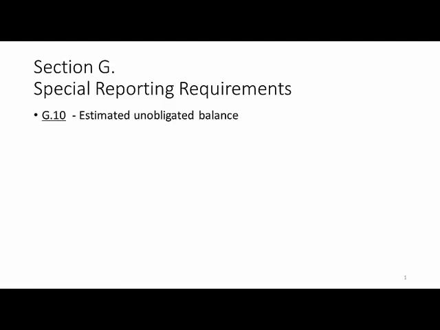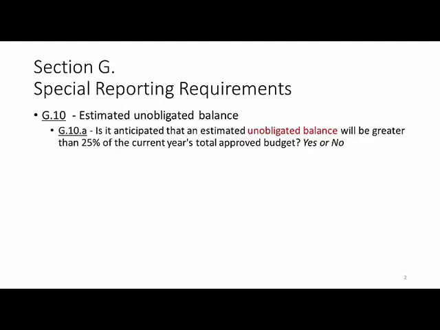So this gets into a very interesting topic, estimated unobligated balances. When I first started doing RPPRs, I would get confused between an unliquidated expense and an unobligated balance. These terms are very interesting.